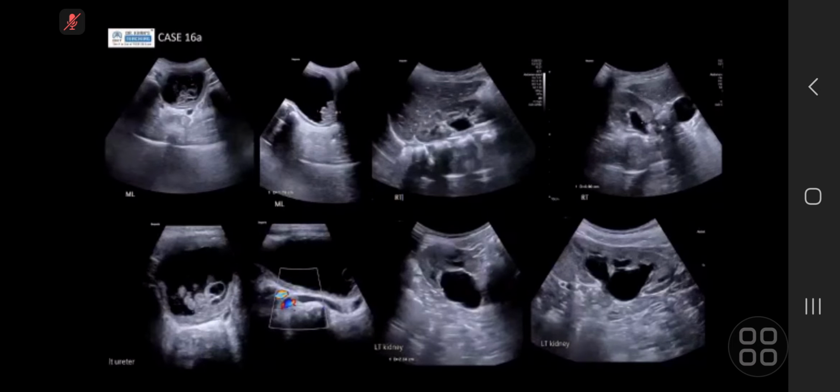And the left kidney is also showing hydronephrosis with dilated pelvis and cortical thinning. So the epicenter of the lesion is within the urinary bladder, a polypoidal mass causing bilateral renal obstruction and upstream hydroureteronephrosis. Are there any other images? There are other images, but you can have a look.